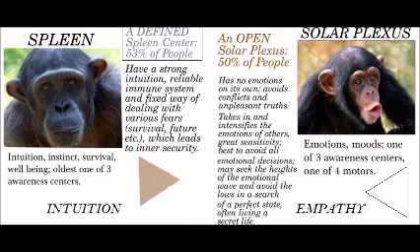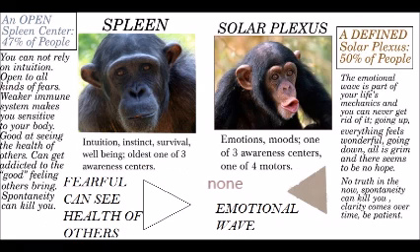So being able to identify other people's emotions and being clear that oftentimes the emotions you're feeling are actually theirs. The reverse, if you have an open spleen and a defined solar plexus, would mean that you would be able to feel and see the health of other people.